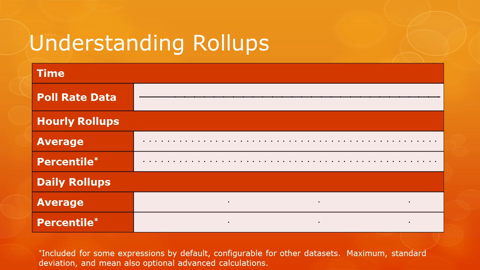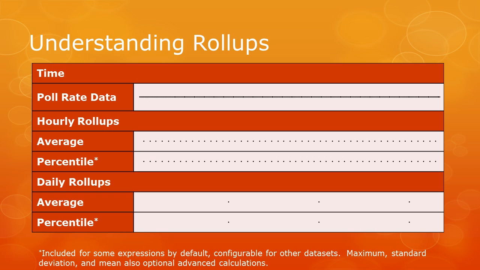So let's take an example. NetVoyant may be polling a certain metric every 5 minutes. That means 12 poll rate data points in 1 hour. After that hour, NetVoyant will calculate the average of those 12 data points. We can also configure NetVoyant to calculate, let's say, the 95th percentile of those 12 data points.